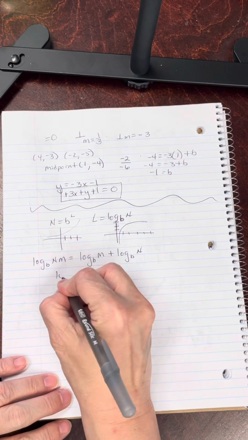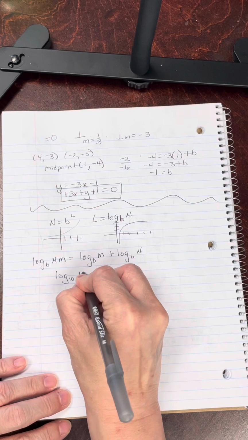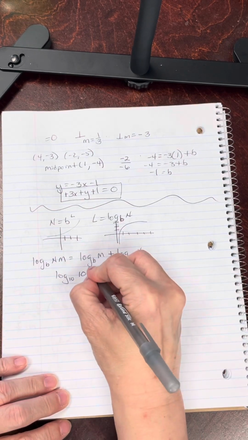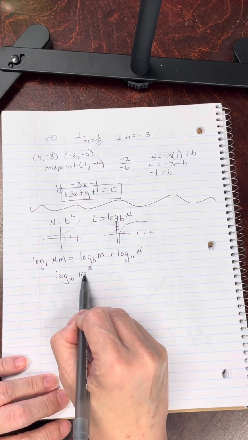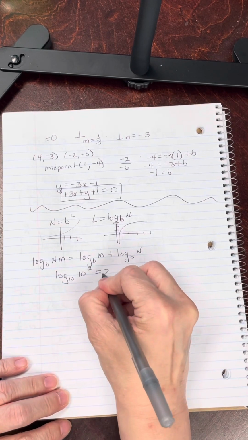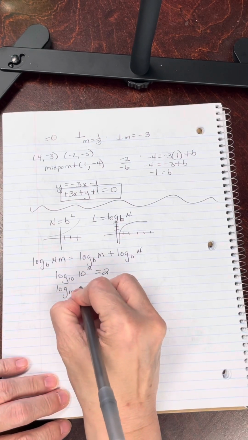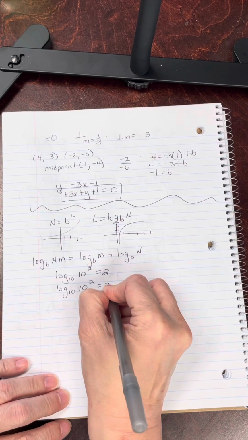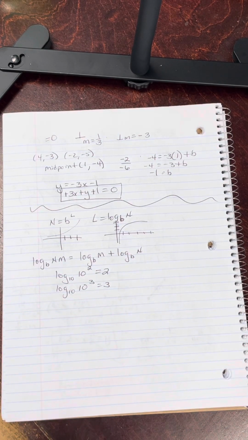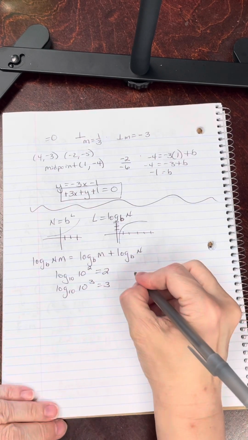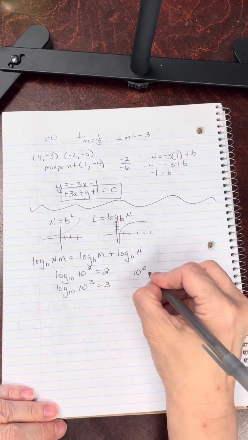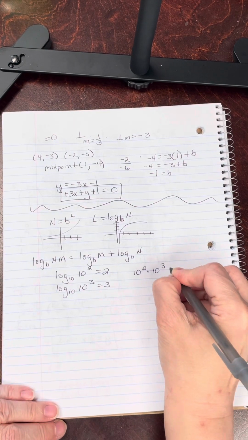So if I give the statement log base 10 of 10 to the second, the log base 10 and the 10 kill each other off, and the log solution there is 2. Same kind of thing happens if I give it an exponent of 3. They kill each other off, and you just keep the 3. So what happens when you take a 10 squared times a 10 cubed?